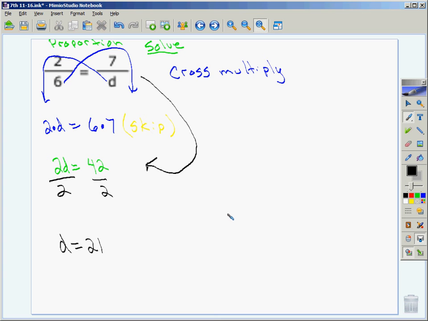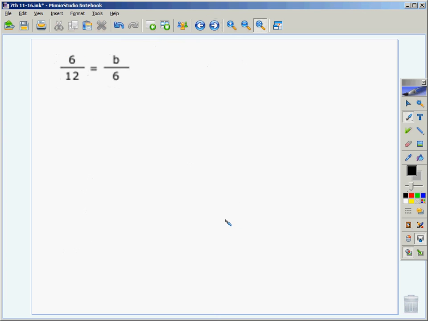Okay. Where did I get what? This 2? It was 2 times d, so to get rid of 2 times d, I divided by what? 2, so that these would cancel out. Okay? Am I good now? Everybody okay? Last one then.